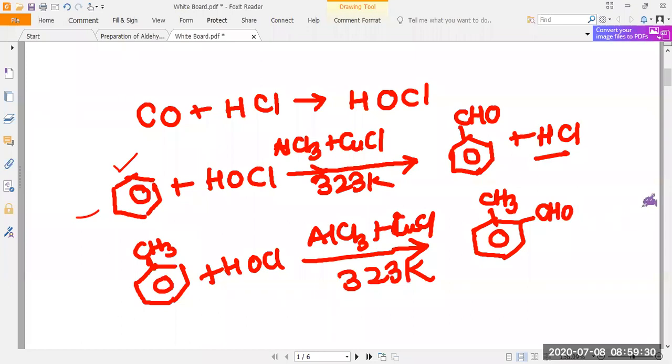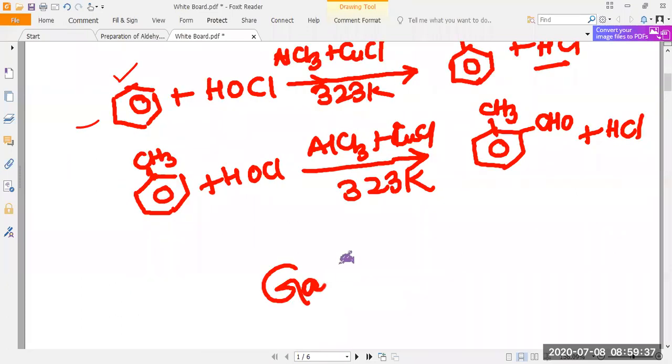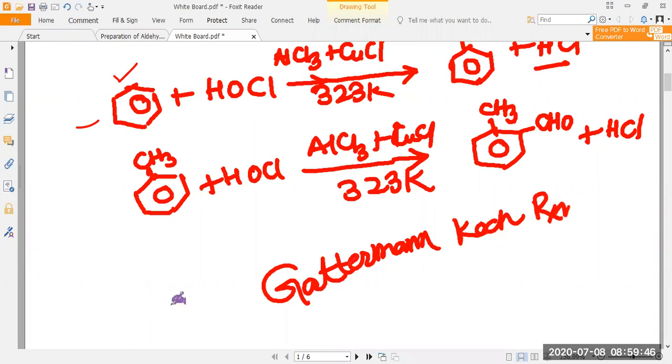And this reaction is called the Gattermann-Koch reaction. Again, an important reaction. So I think the reactions are clear to you.